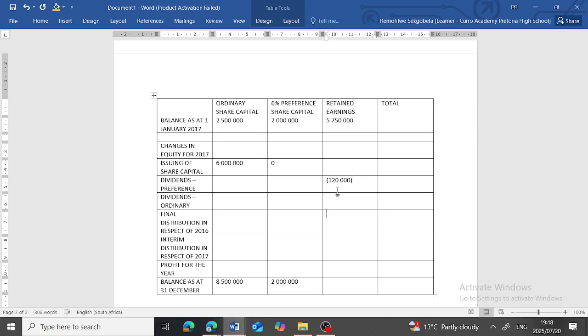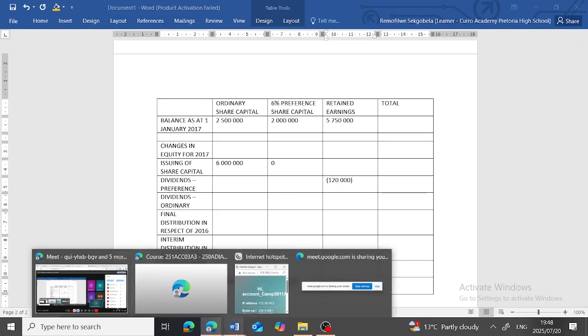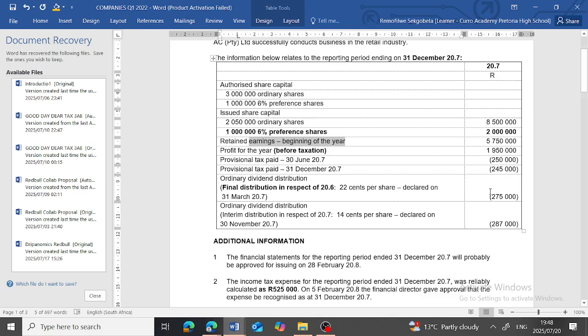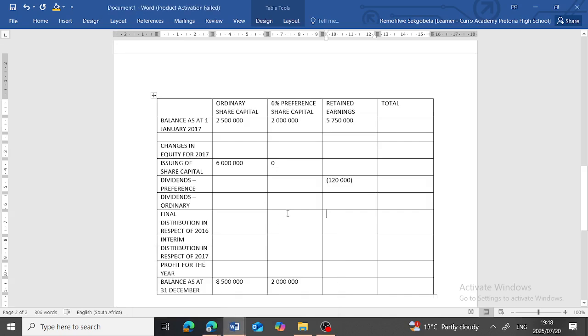For interim and final distributions, the figures are given, 275 and 287 respectively. So the final distribution is going to be 275,000, and the interim is going to be 287,000.